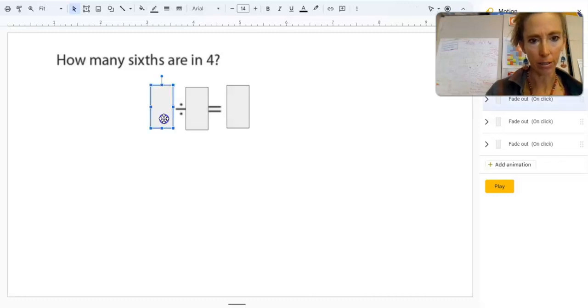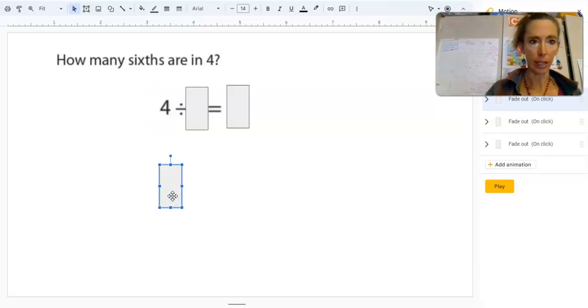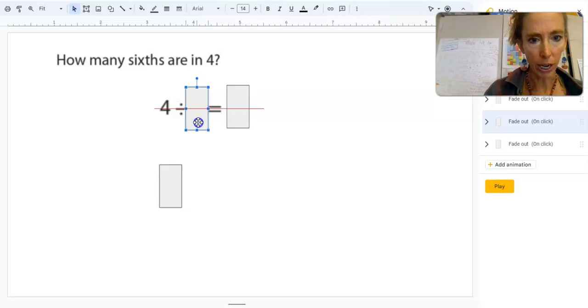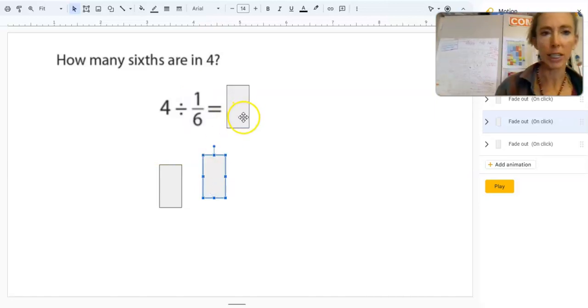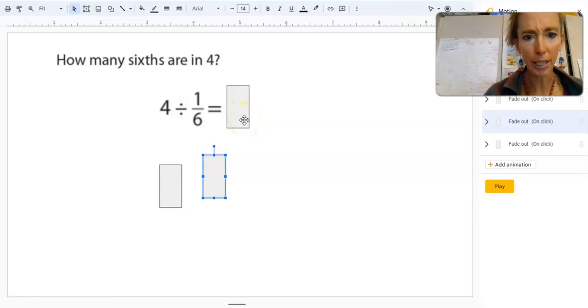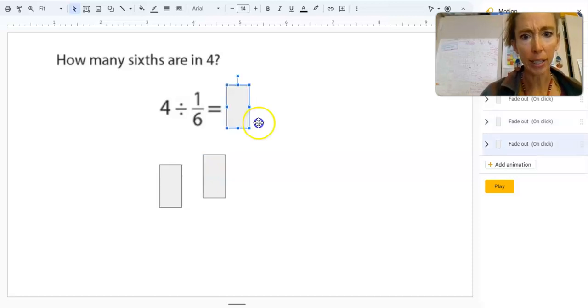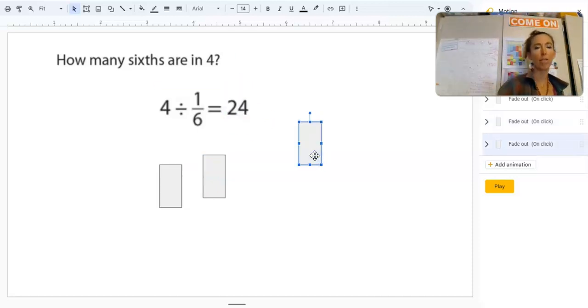Here it goes. Moment of truth. Did you get it? It's 4. Woohoo! Raise the roof. Got that. All right, next one. What's the divisor gonna be? If we say how many sixths are in 4? It is a sixth. Okay, but now we need the quotient. We need the answer. Think multiplication. 4 circles, 6 in each one. 4 times 6. Boom. 24.